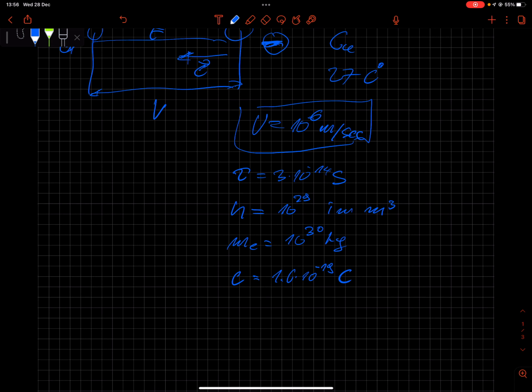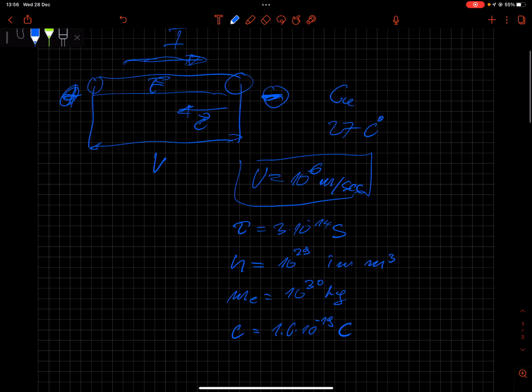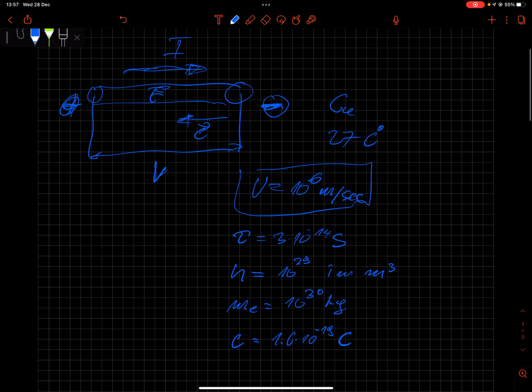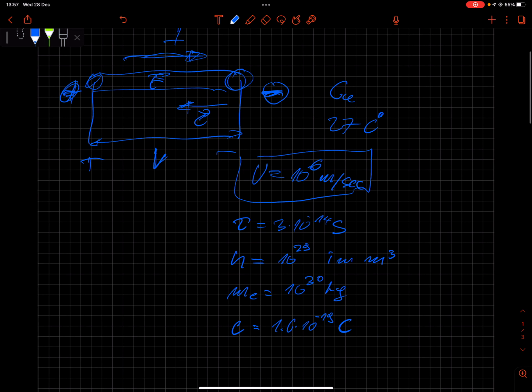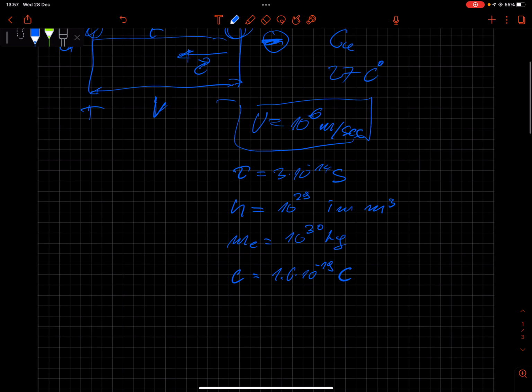And now let's see what happens when we apply some voltage difference. When we apply some voltage difference at the end of that conductor, that wire, there will be an electric field, and electrons will start moving.